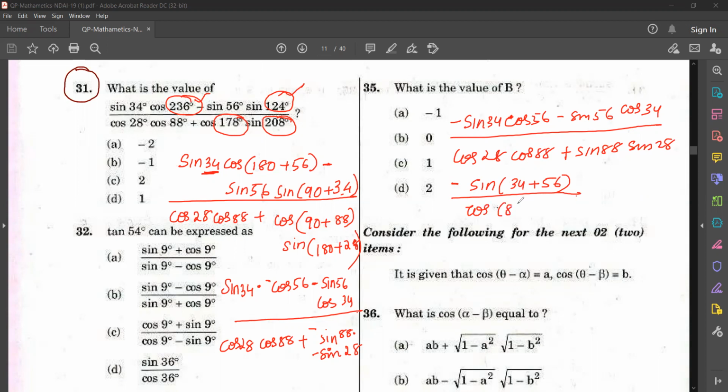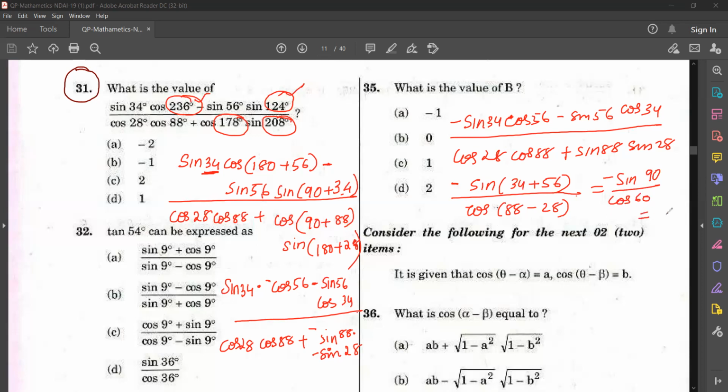So cos of 88 minus 28. See, this is sin A cos B plus cos A sin B, if I take minus outside. So that is sin A plus B. This is cos A cos B plus sin A sin B, that is cos A minus B. So that is minus sin 90 divided by cos 60.